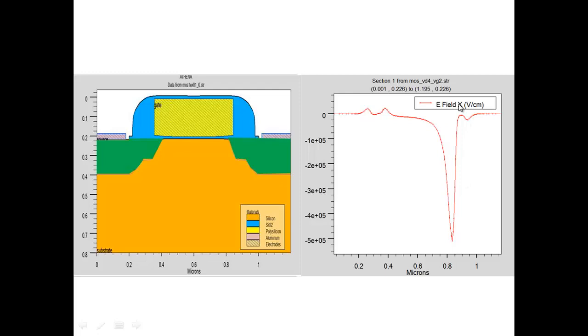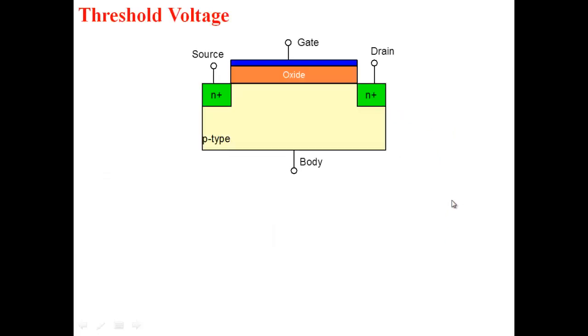High field region here, next to the drain. Simulation results showing very high field here. And then, of course, as you enter the drain, you enter a low resistive region, a high conductivity region. The field again drops back to very low values here. So this is the point that we are talking about, the pinch-off region next to the drain. Very high field here.